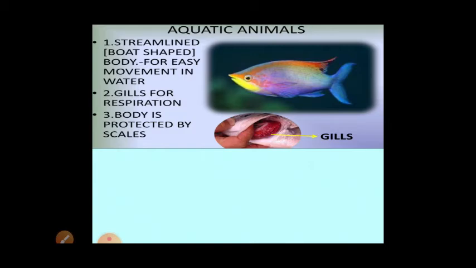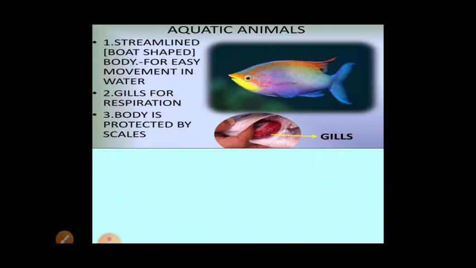Most water animals have gills, they don't have lungs. The only exceptions are dolphin and whale. Dolphin and whale have lungs, so they have to come out of the water to breathe. Okay, and the body of a water animal is streamlined, like a boat-shaped body, easy to move inside the water.